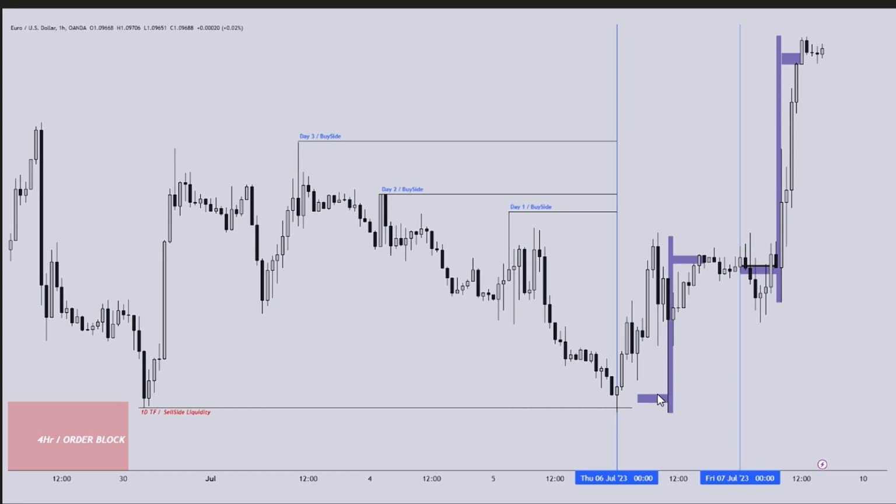Price opens right here, it dips and then pushes bullish. Price opens right here, it dips, it targets this order block right here. If you pay attention, it violates this low right here, which is pretty much the same as the higher time frame profile that we are utilizing to take longs.